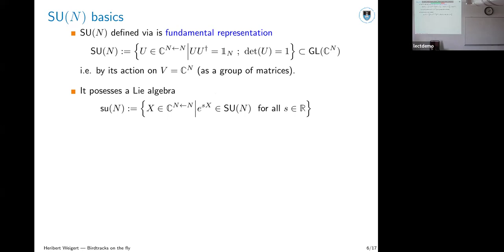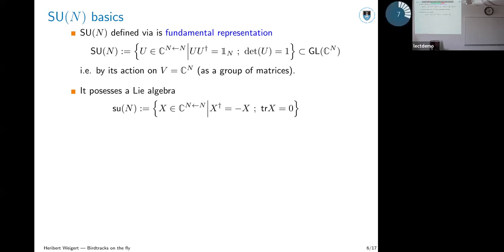So this condition is actually very easily converted into a condition on that matrix. That condition simply is that these matrices have to be anti-Hermitian. This is condition 1 over here, and that the determinant being 1 translates into tracelessness for those matrices. It's pretty easy to check that these matrices form a real vector space.